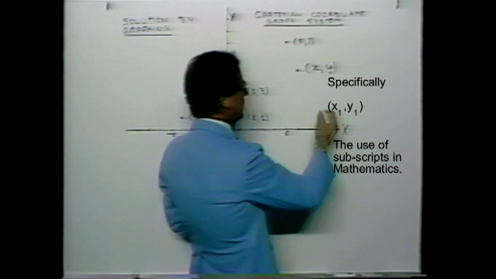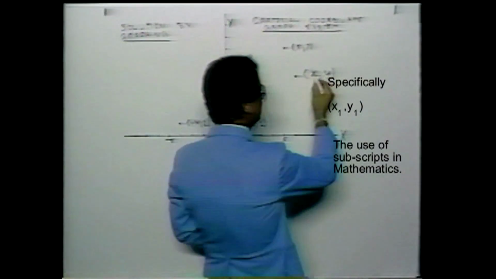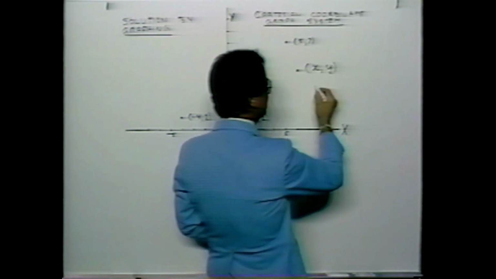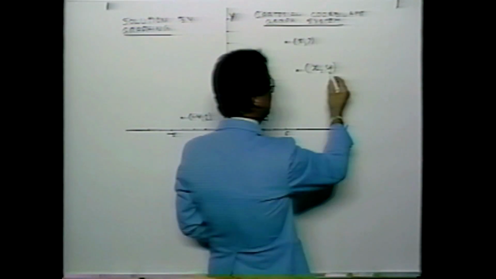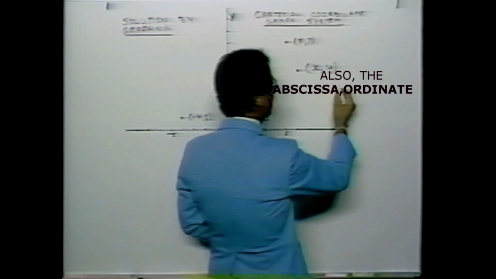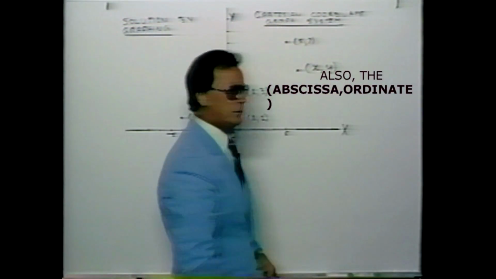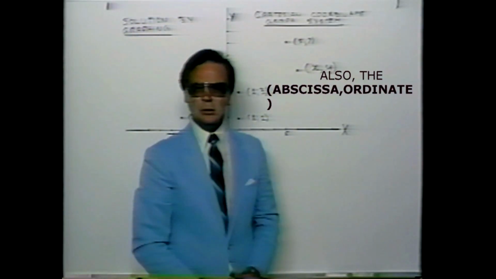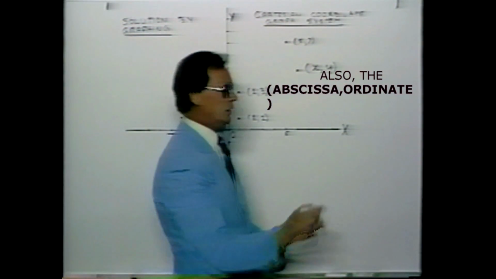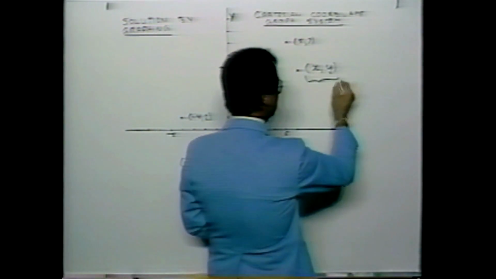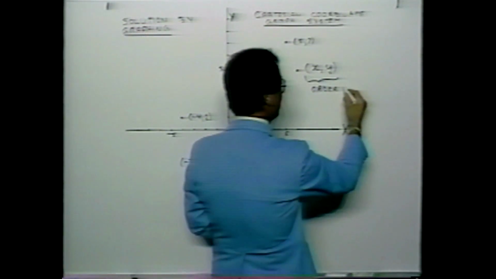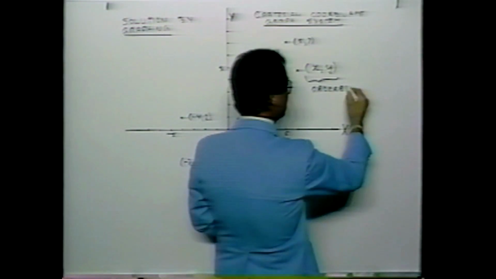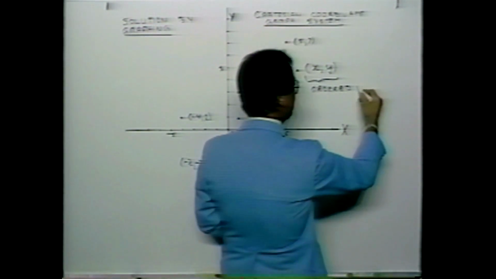The x here is referred to as the x-coordinate or abscissa, and the y-coordinate or the ordinate of the so-called ordered pair, by the way. This is referred to as the ordered, because there's a certain order that those numbers must be written.